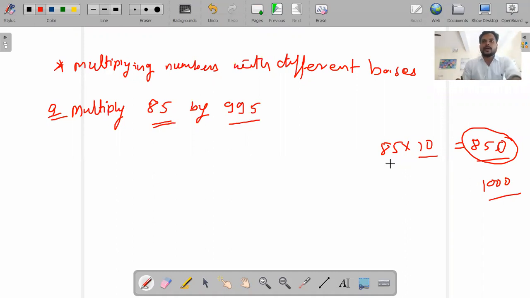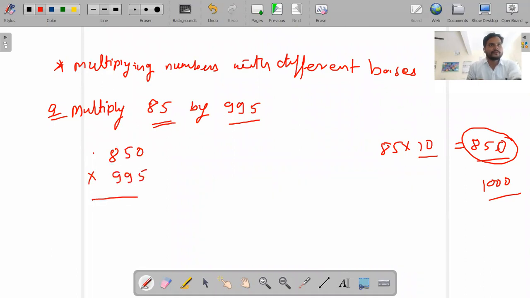Now here I have multiplied, so instead of multiplying 85 with 995, I can multiply 850 with 995. There, 85 into 10 is there.